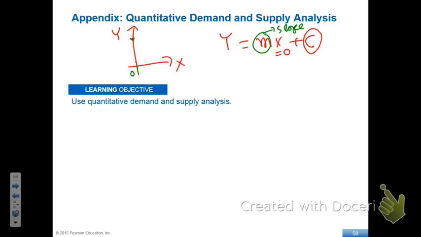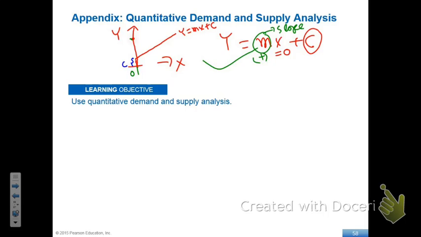If M is positive, this equation can be represented by an upward sloping straight line, where the small intercept is your vertical intercept c.